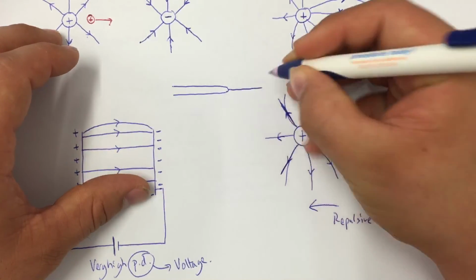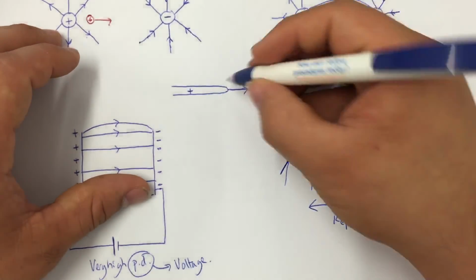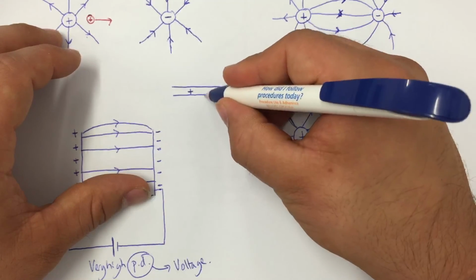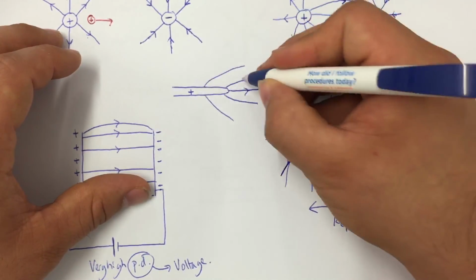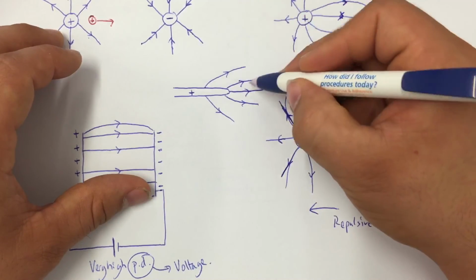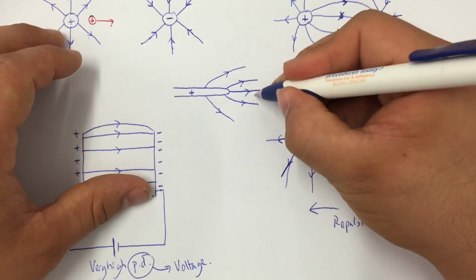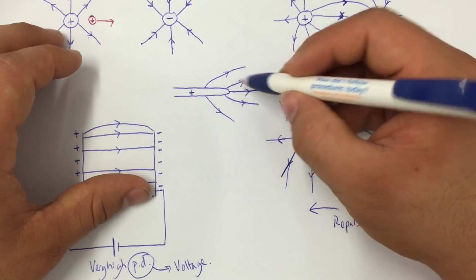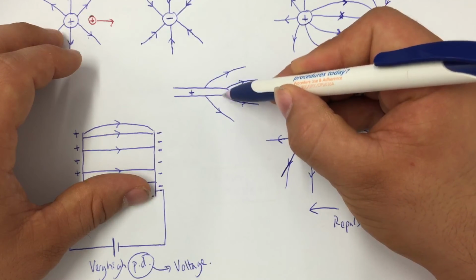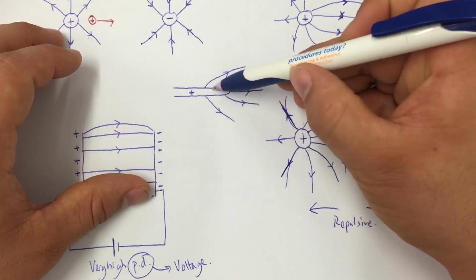So the reason for this is that if I just assume that this is going to be positive, then at the tip, you'll find that the field lines are closer together, and the closer they are, the stronger the electric field. And so you're more likely to get a discharge at this point because you will get a greater build-up of electrons right at the tip than you will halfway down.